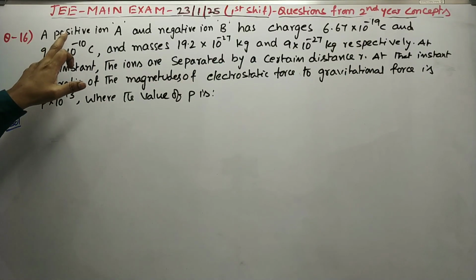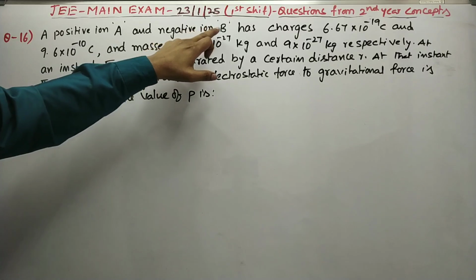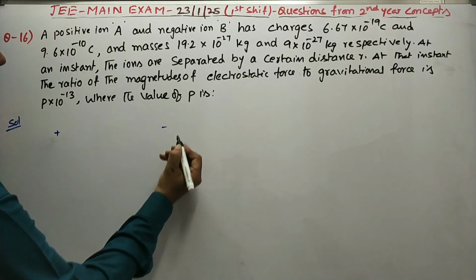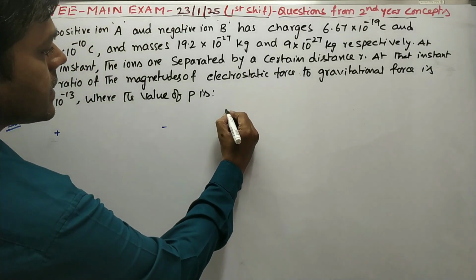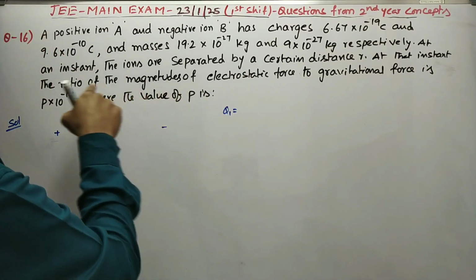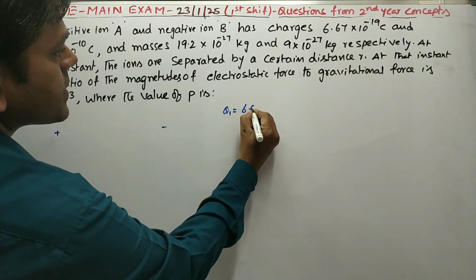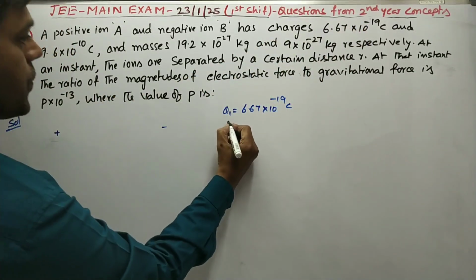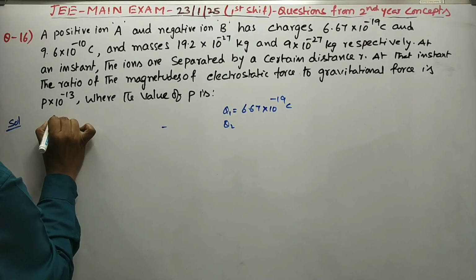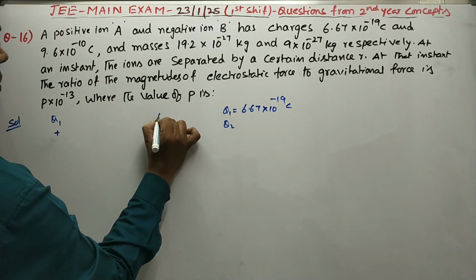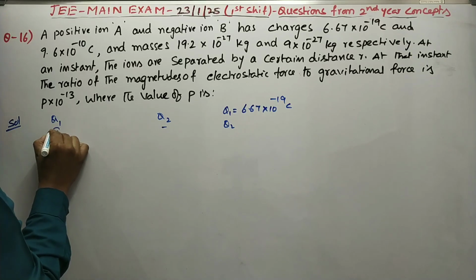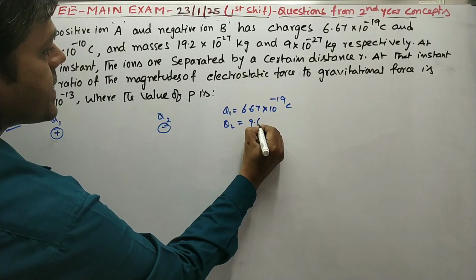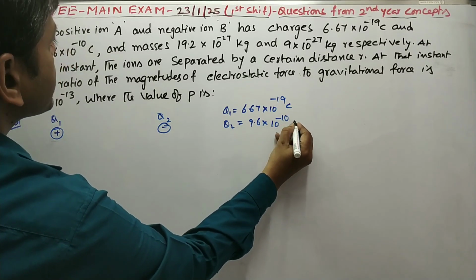The 16th question: a positive ion A and a negative ion B. This is a positive ion, this is a negative ion. They have charges. So Q1, the charge of the positive ion, is 6.67 into 10 power minus 19 coulomb. And Q2, the charge of the negative ion, is 9.6 into 10 power minus 10 coulomb.